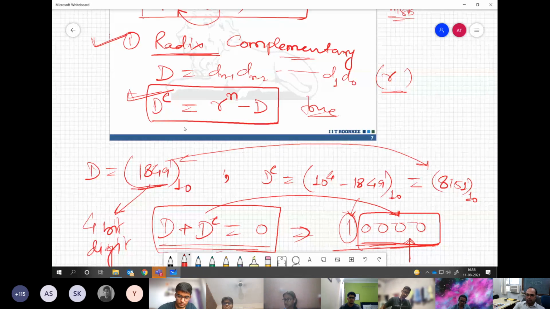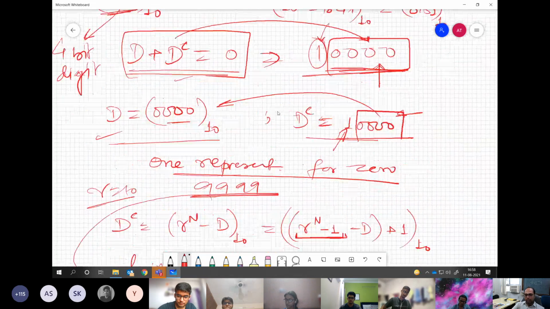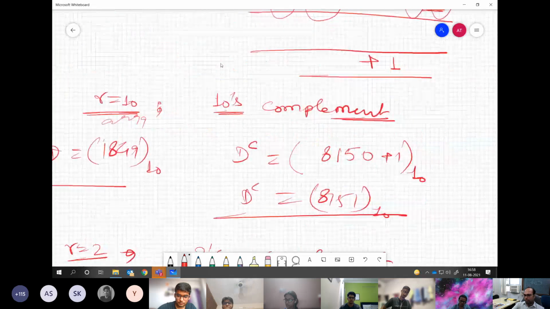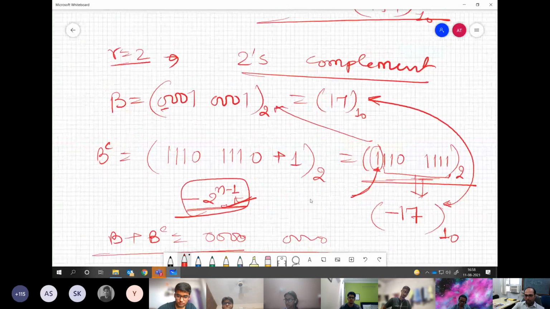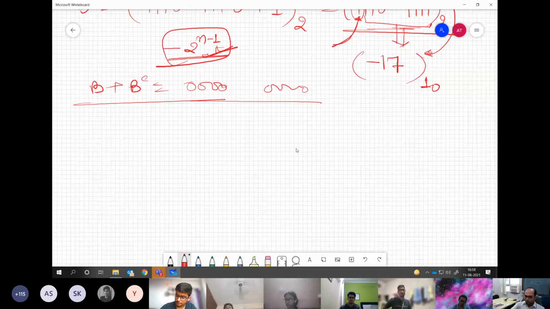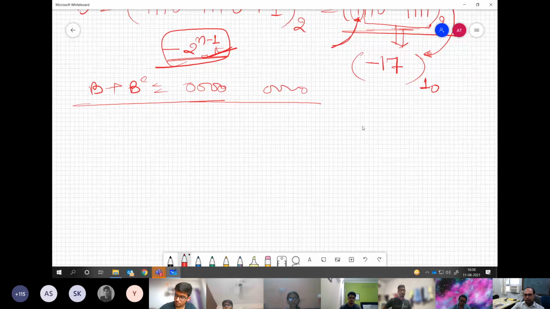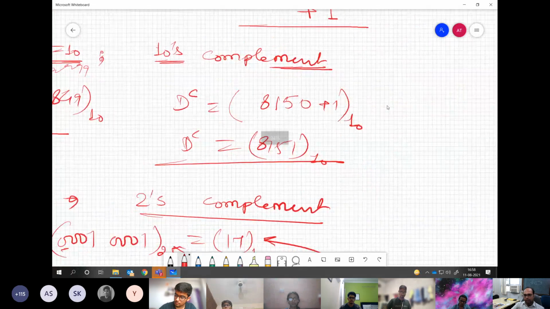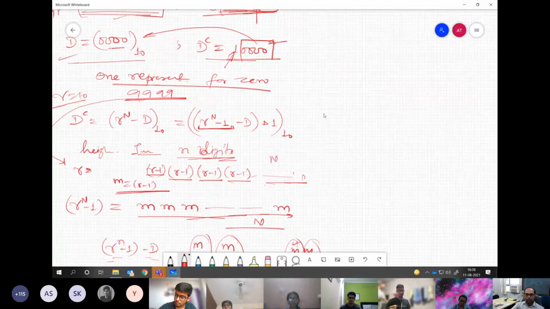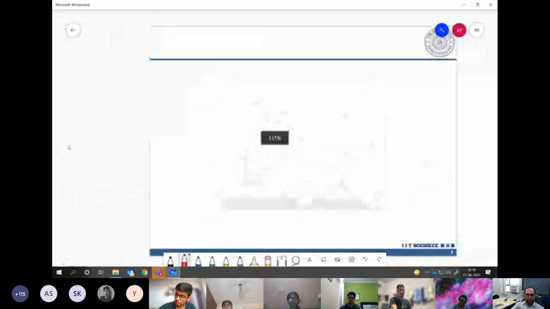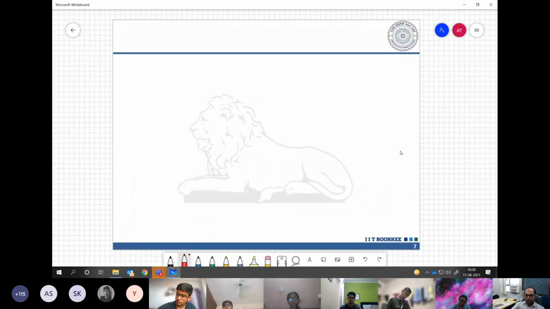And the speciality of this complement number system is that we have a unique representation for 0. Am I clear? Yes, sir. Now let us go to the other way. In some places the other way of representing the complement number system is also used, that is called diminished radix.